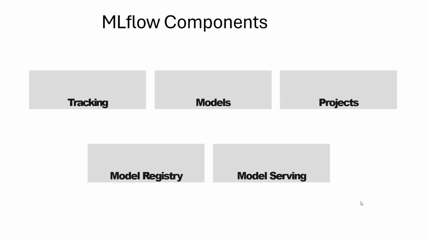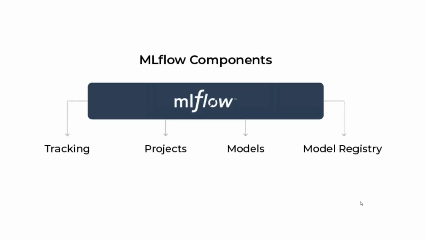Primarily we have four components: tracking, models, projects, and model registry. Models and model serving you can consider as one part, or they can be different parts, for timing. So tracking, projects, models, and model registry are considered the most important components of MLflow.